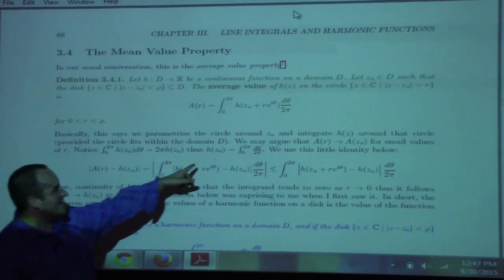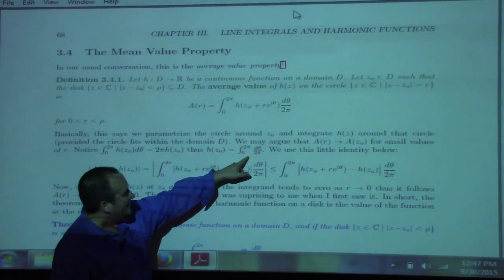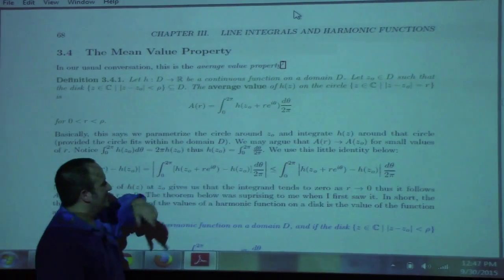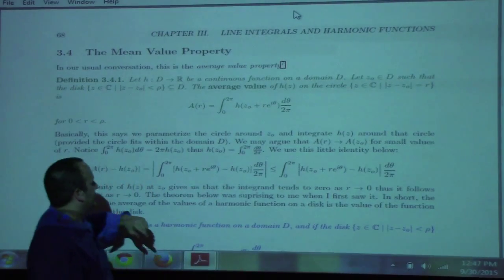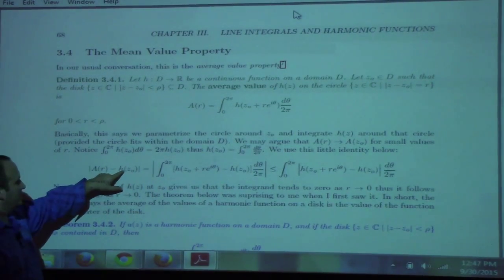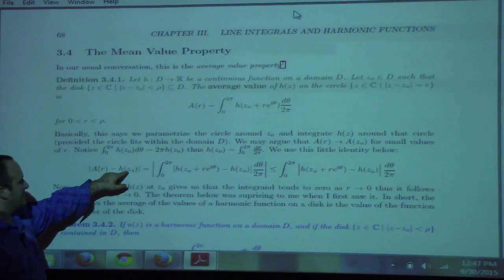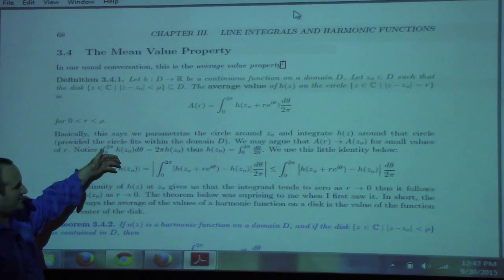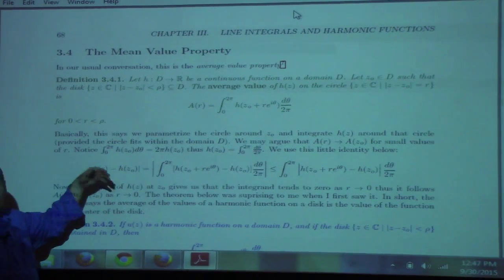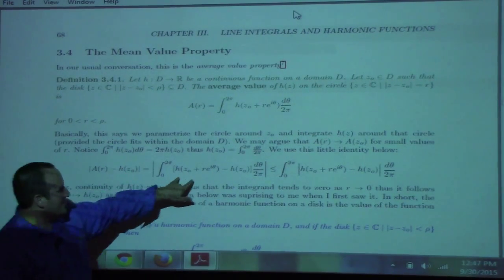There's a stupid identity: h of z naught is equal to this integral. There should be an h of z naught in here. There's a typo, sorry about that, which is obvious from over here. But anyway, the point is you can lump this constant into the integral. It's just a quirk of this particular integration domain. You can pull a constant inside the integration essentially. So this becomes that integral.